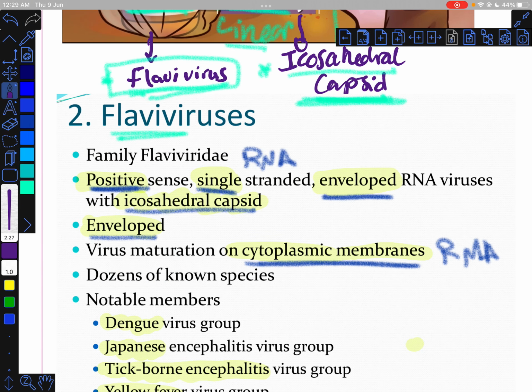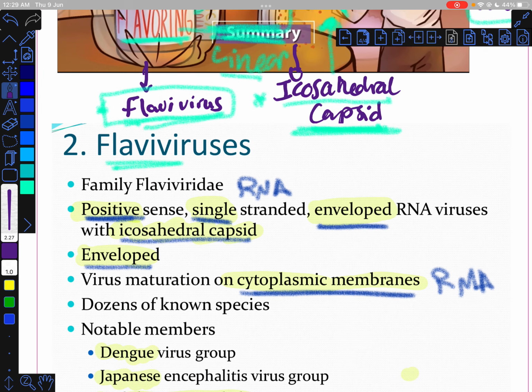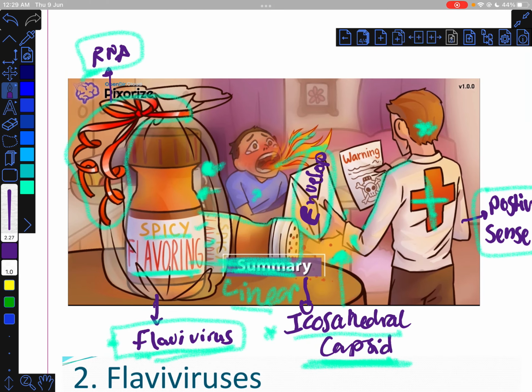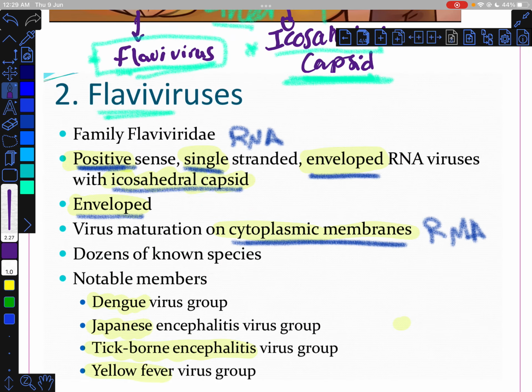What do we have here? It replicates in the cytoplasm, and we go to this picture. It has a yellow color, and yellow is predominant. So it is related to other diseases like yellow fever, dengue, or hepatitis.